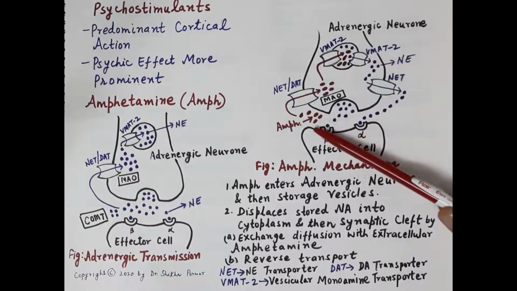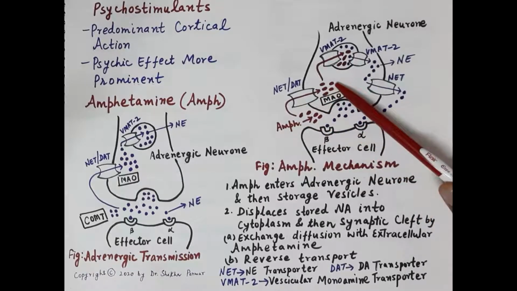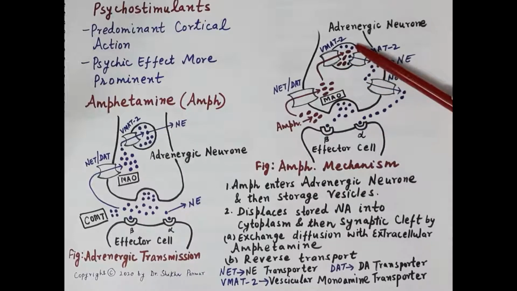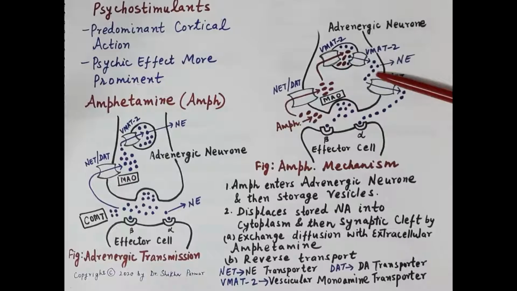So the amphetamine, when administered, enters inside the adrenergic neuron, and further it gets stored in the adrenergic synaptic vesicles. Now there is this amphetamine which is present inside the synaptic vesicle. What it does is this, that it pushes the norepinephrine from the vesicle into the cytoplasm.